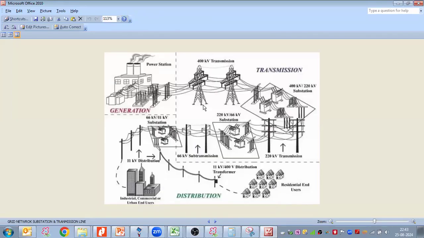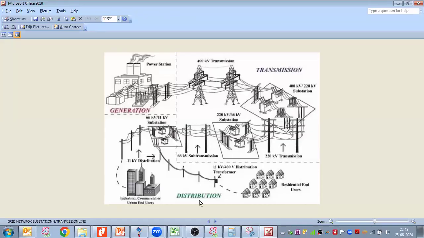If we are working anywhere in this dotted line, could you see this dotted line? Yes, sir. That means we are working anywhere in the grid: on 400 by 220 kV substations, on 220 by 66 kV substations, or on 66 by 11 kV substations.